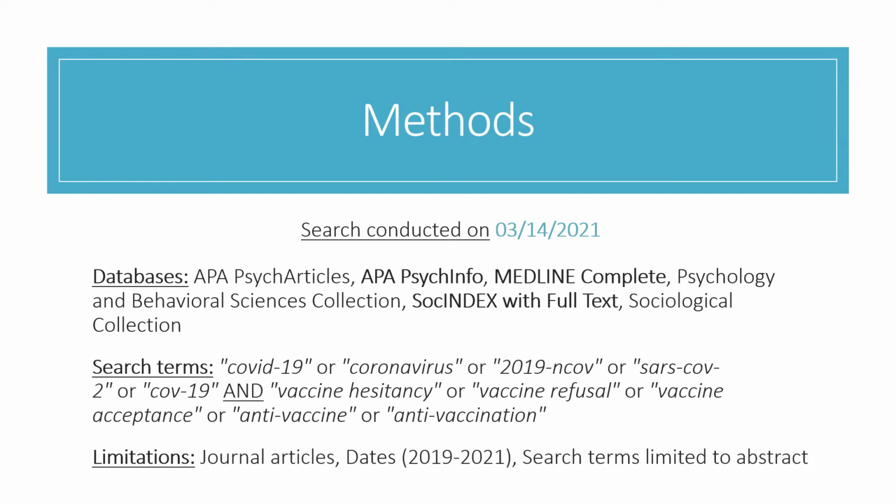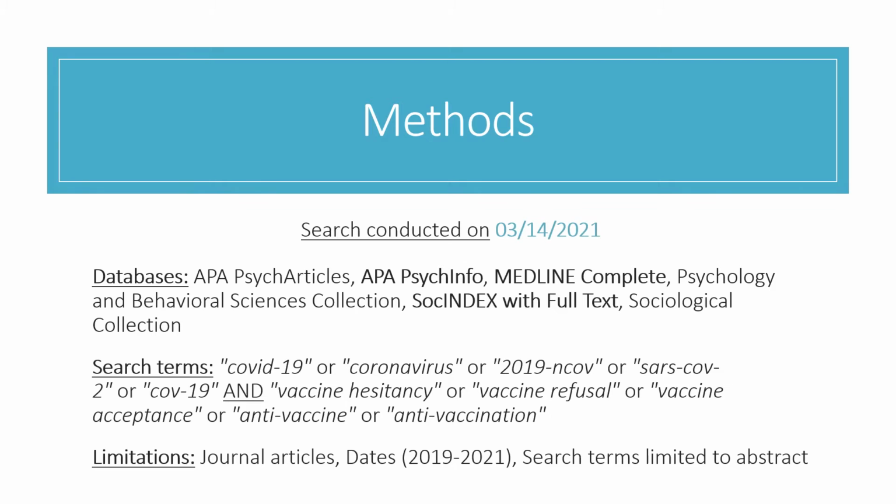All of the results were limited to journal articles, so empirical research studies. They were limited also to dates ranging from 2019 to 2020, seeing that that is when the coronavirus pandemic hit. And then finally, both the search terms in the first search field as well as the second search field were limited to the abstract of the article.